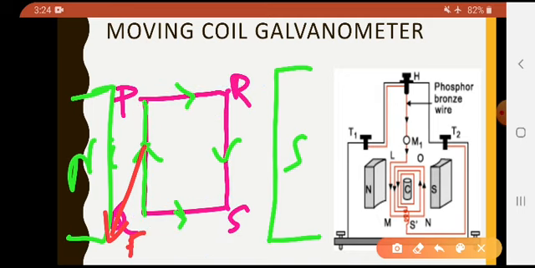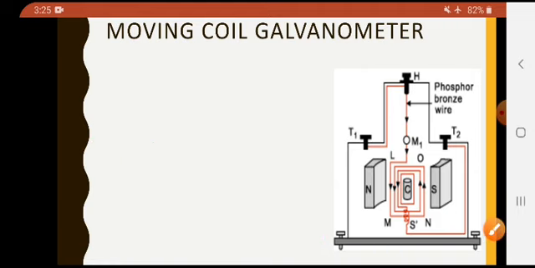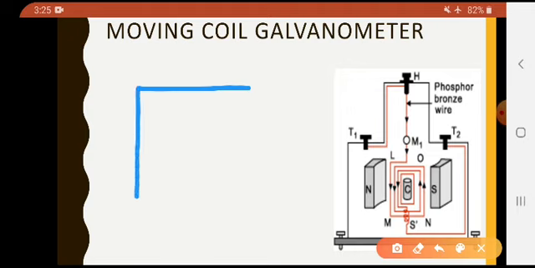In the same way, this force F is acting in this direction, and the same force acts on the RS side. The forces are equal. As the plane of the coil remains parallel to the field, there is no force on the other two sides, right?